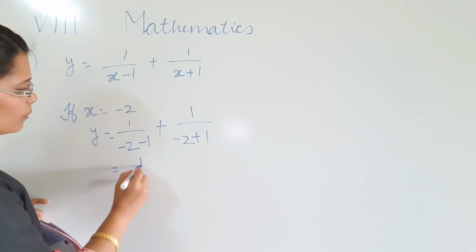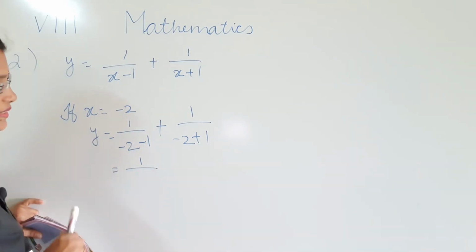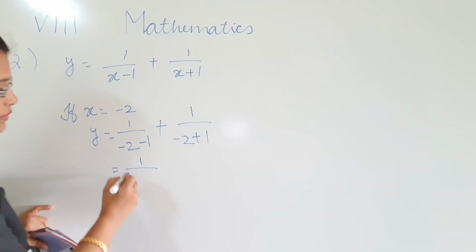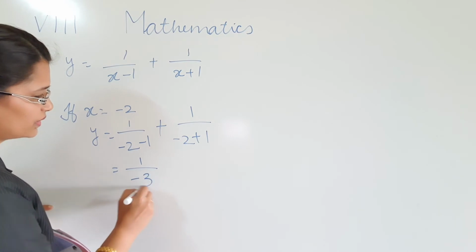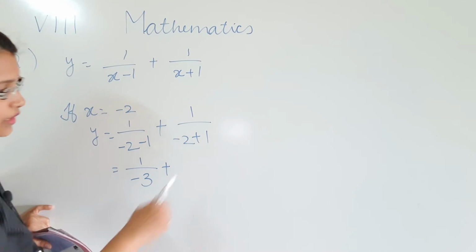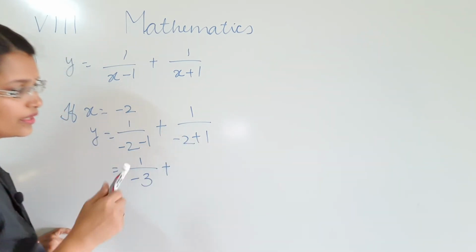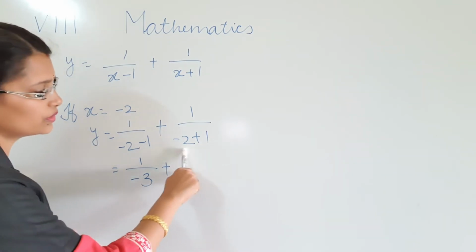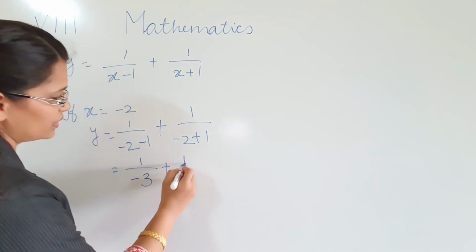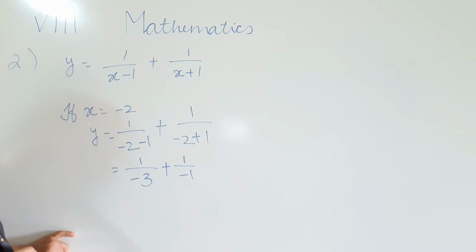If both the signs are same, you have to add and get that sign. So, minus 2 minus 1 is minus 3, plus 1 divided by minus 2 plus 1, that is 1 minus 2. If the signs are different, you find the difference between the two numbers and take the sign of the bigger number. That is 1 divided by 1 minus 2, which is minus 1.